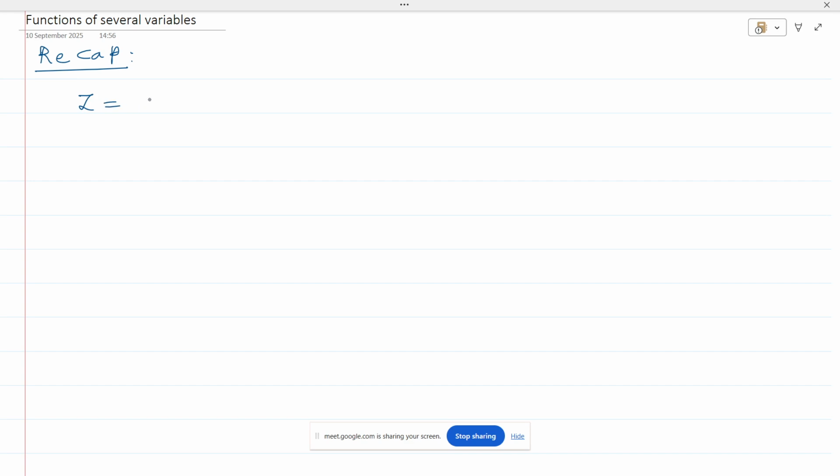If z equal to f of x comma y is a function of two variables, then it is said to be a function of several variables.